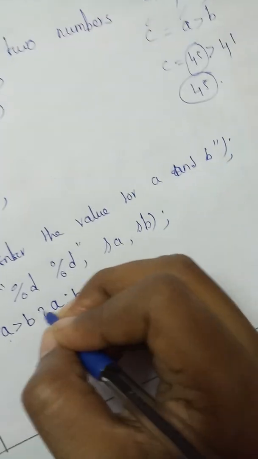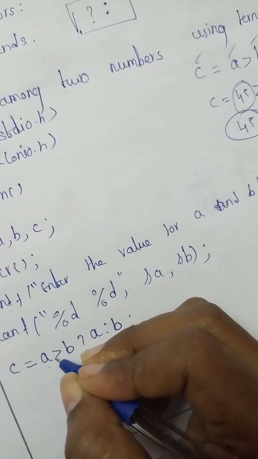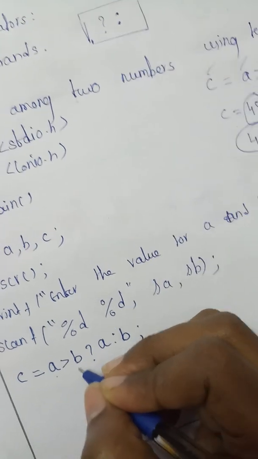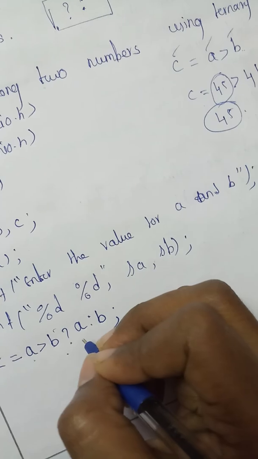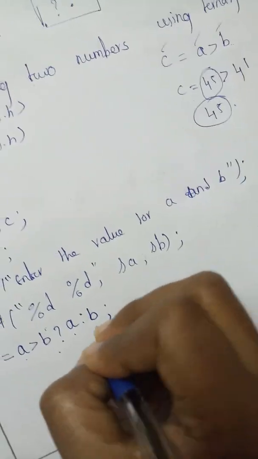First we need to give the condition and check whether a is greater than b or b is greater than a. If a is greater than b, it will display a. If b is greater than a, it will display b.